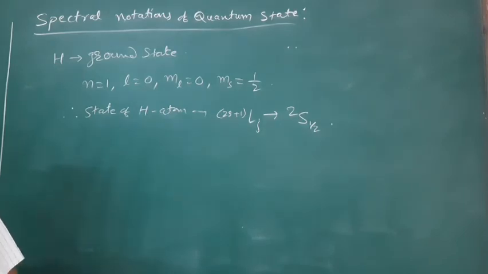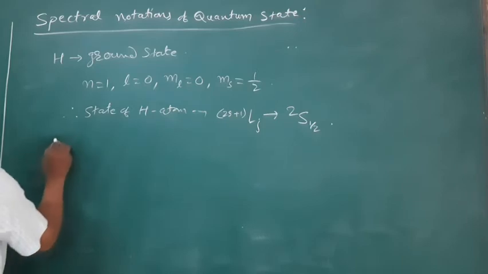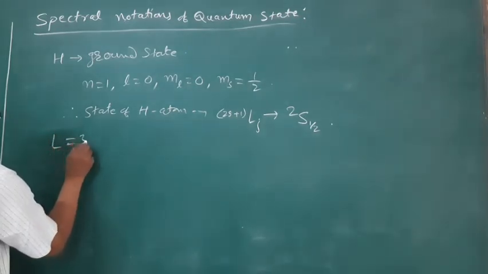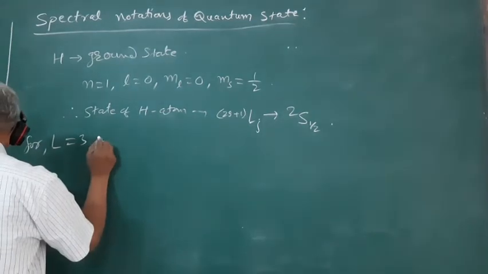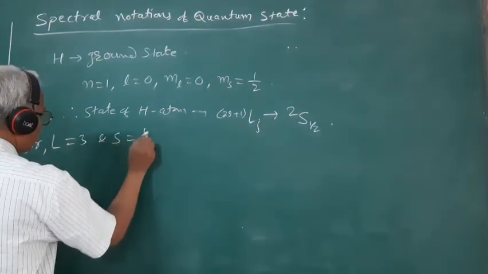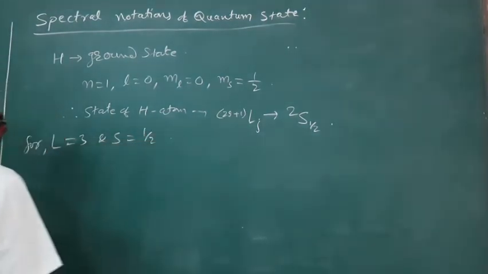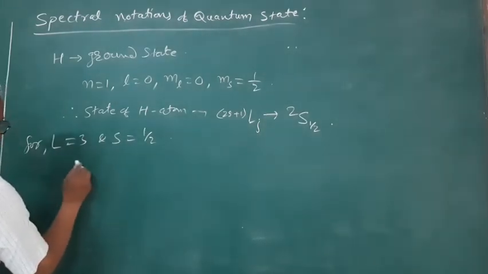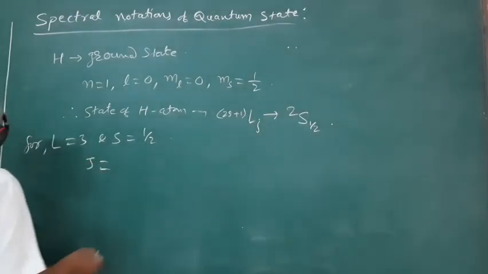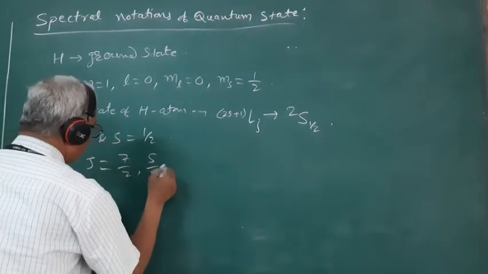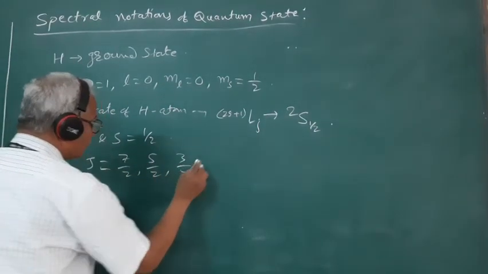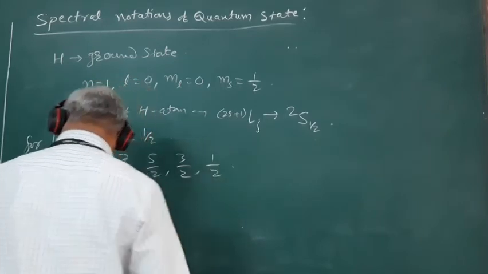So let us consider another example. For L equal to 3 and S equal to 1/2, the values of J are 7/2 and 5/2.